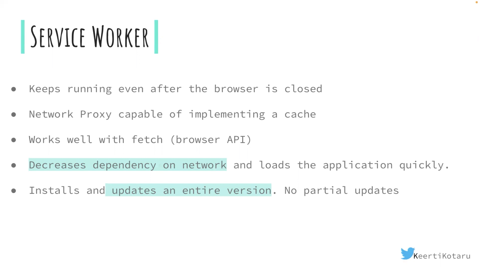A couple of points we already discussed: it's always running in the browser, and it decreases the dependency on the network. It is installable. It makes web applications installable on our machines, be it a laptop, a phone, or a tablet device like an iPad.